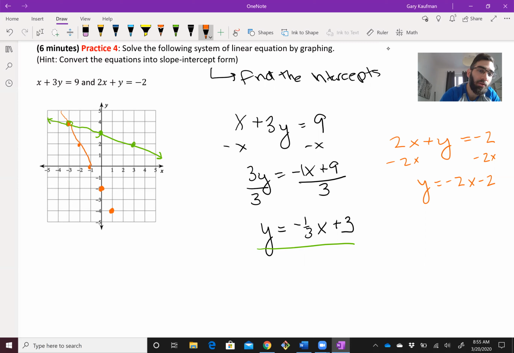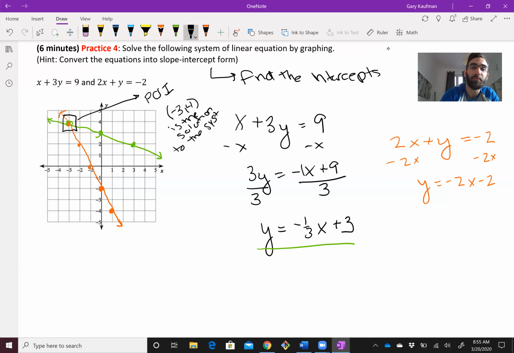Because I went all the way back to find where they intersect, which happens to be at this point. I'm going to use point of intersection, POI. So therefore the solution is -3, 4 is the solution to the system.